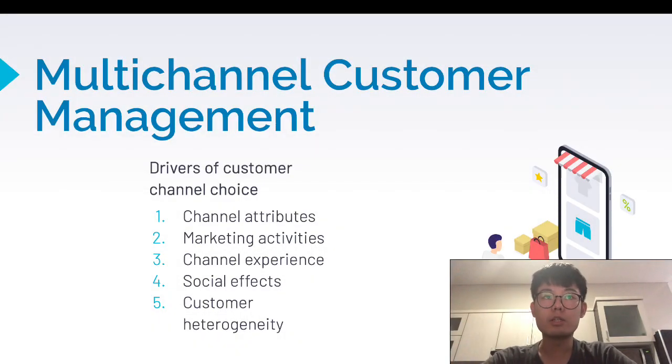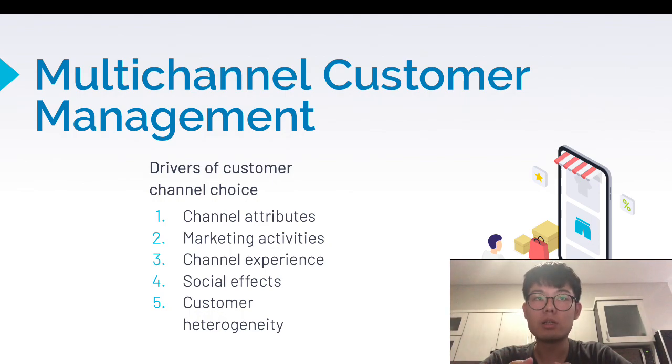So firstly, channel characteristics and attributes are central to explaining customer channel choices and usage. Whether the channel is virtual or physical, how the accessibility is, those factors are related to differences in customer channels. In addition to that, different attributes compared to other factors are also related to differences.